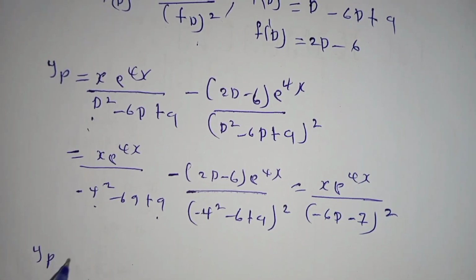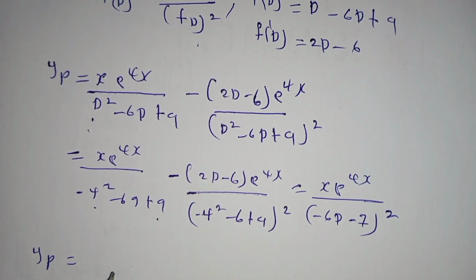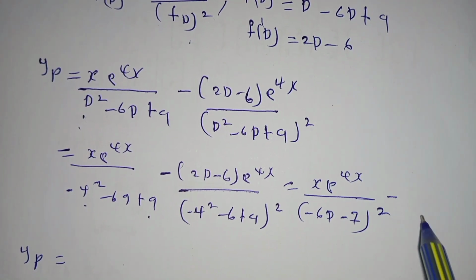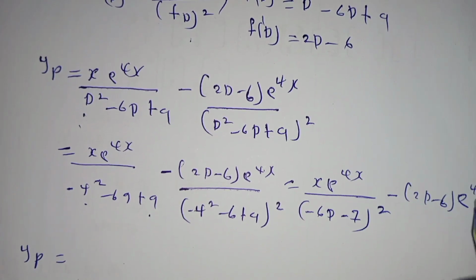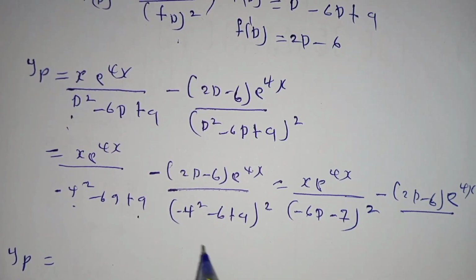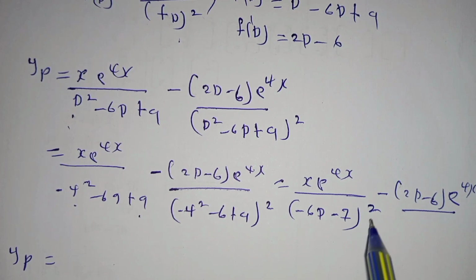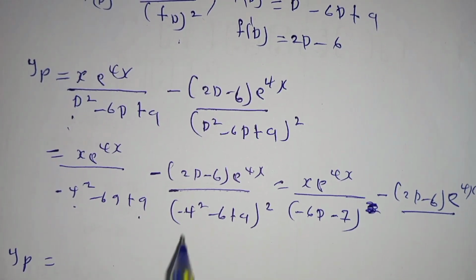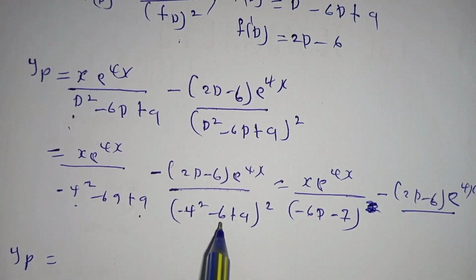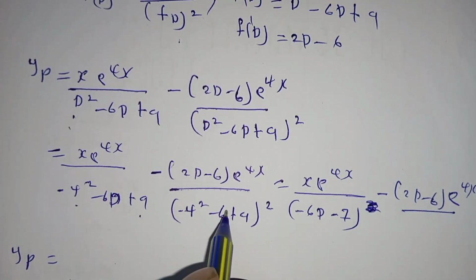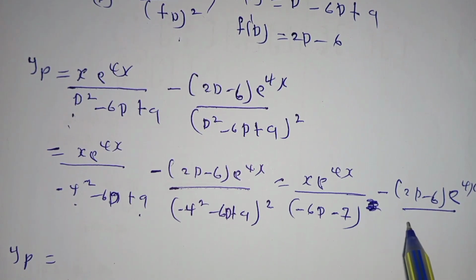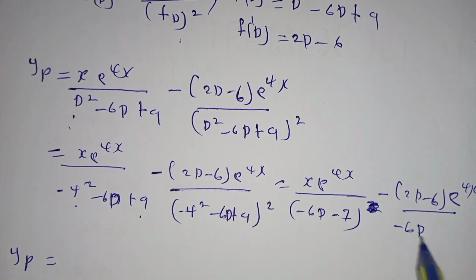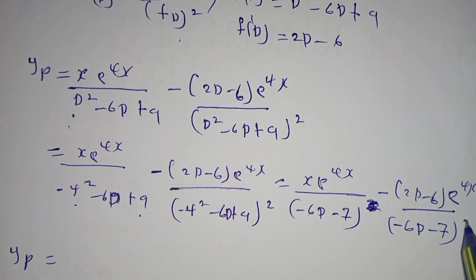So yp, of course there is this other part here, minus bracket 2d minus 6 exponential 4x divided by, the square is not here, sorry, divided by, there is d here which I omitted there, sorry for the omission, divided by minus 6d minus 7, you square that.